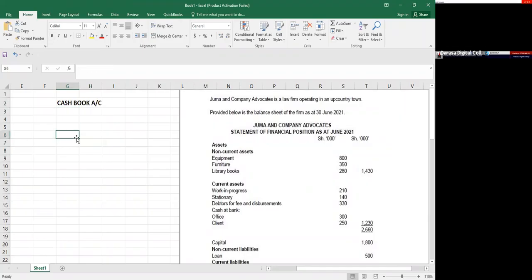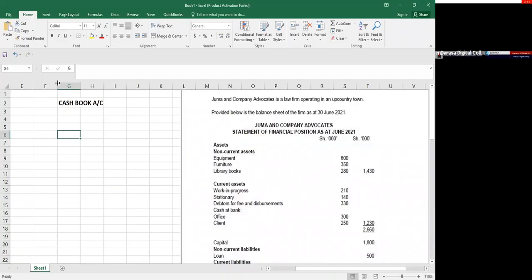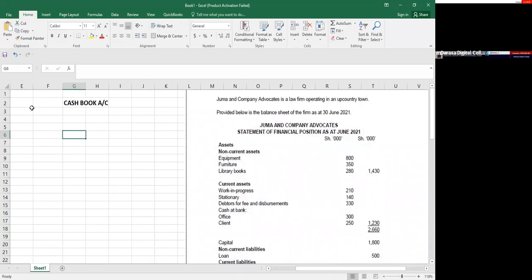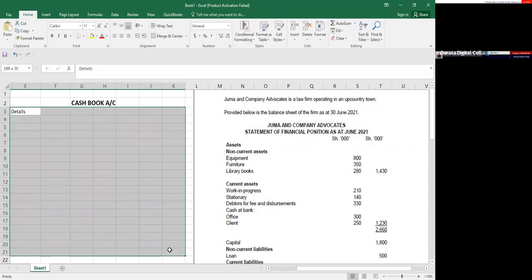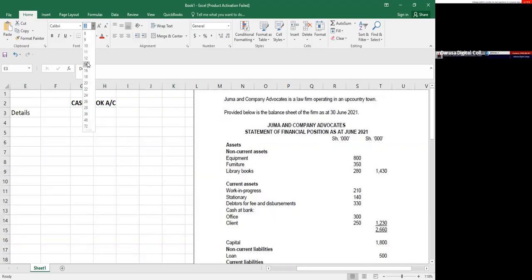On this, we'll be talking, of course, of the following. That is our details here. So I'm having our details. We have, of course, our office column.